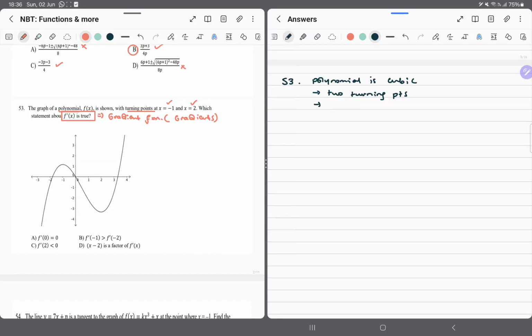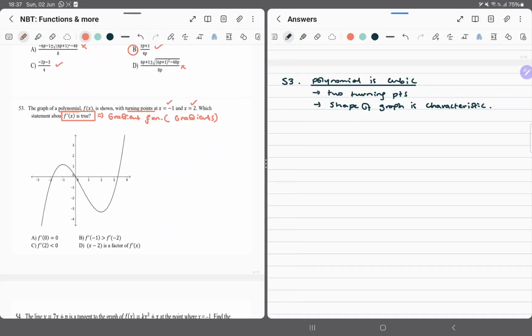And secondly, the shape of the graph is characteristic. Okay, so that's why we know this is a cubic function.